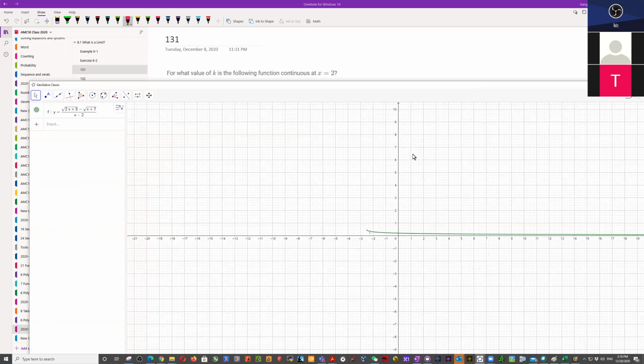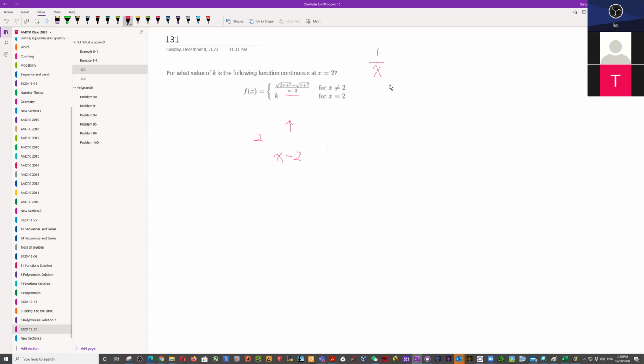For example, with 1 over x, at x equal to 0 it is a hyperbola and goes to infinity in two directions. Approaching 0 from the positive side, it goes to positive infinity, and approaching from the negative side, it goes to negative infinity. That didn't happen on this curve.